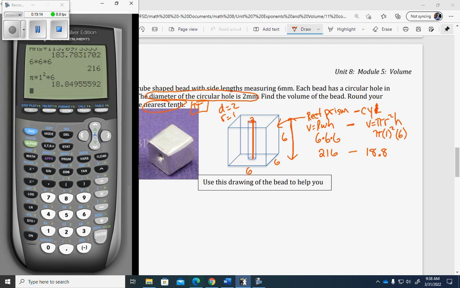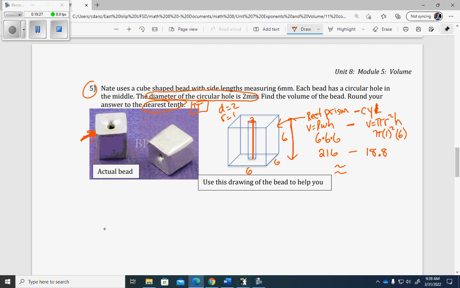On our calculator, let's subtract these. 216 minus 18.8, and I get 197.2. It's about 197.2. This was in millimeters cubed.